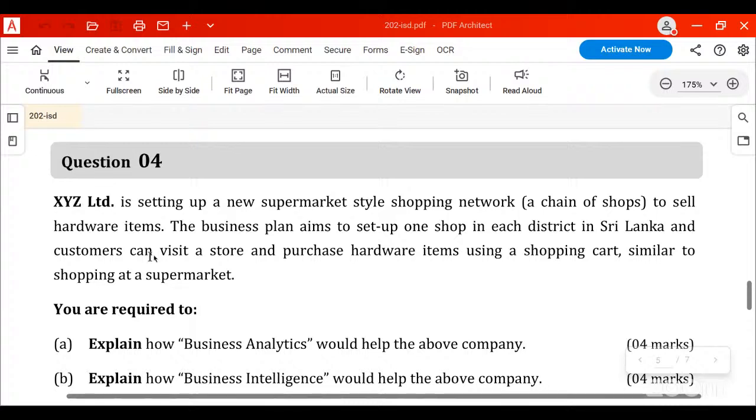The business plans to set up one shop in each district in Sri Lanka, and customers can visit the store and purchase hardware items using a shopping cart, similar to shopping at a supermarket.